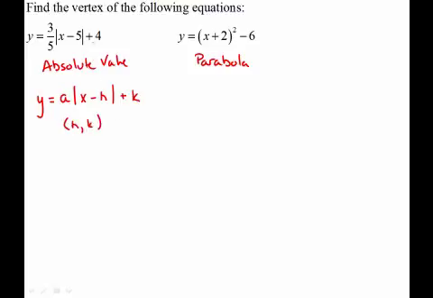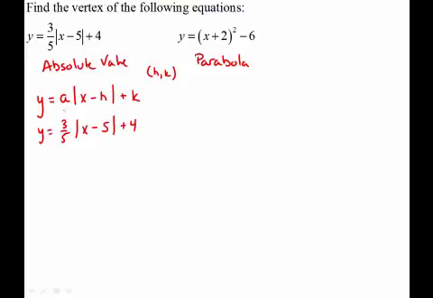And so when I look at this and see that it's x minus 5 plus 4, let me erase the hk, I'll put the hk over here, and let me write this equation below, y equals 3/5 absolute value of x minus 5 plus 4.